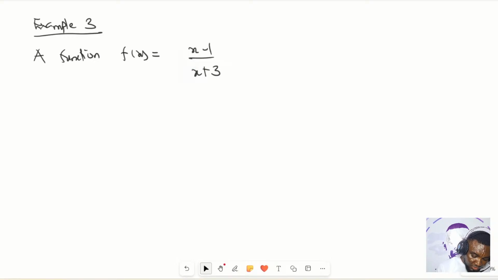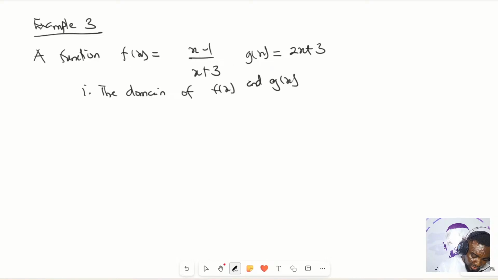And then we are also given a function g of x to be equal to 2x plus 3. Now we are asked to find, one, the domain of f of x and g of x. So we want to find the domain of these two functions, f of x and g of x, right?